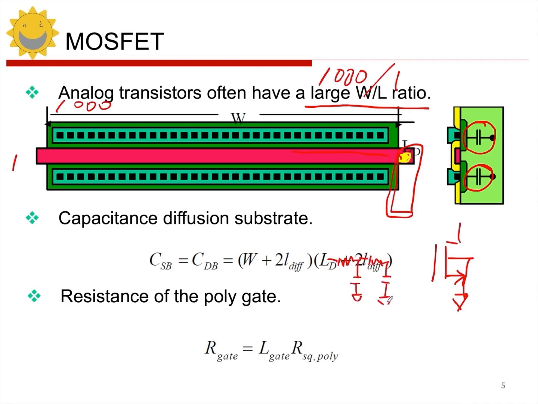We previously discussed the distributed model for the RC of metal lines. And this model also applies to the gate, right? So this capacitor is mainly the parasitic formed between the transistor's gate and the substrate. Now this resistance is due to the sheet resistance of the gate's poly material, which tends to be quite large, right?